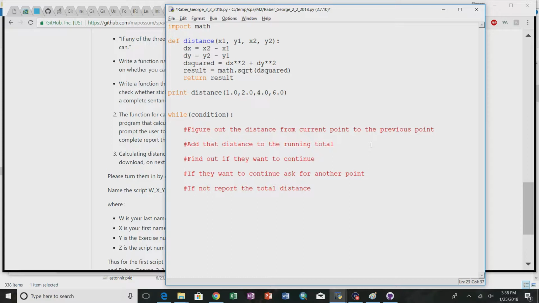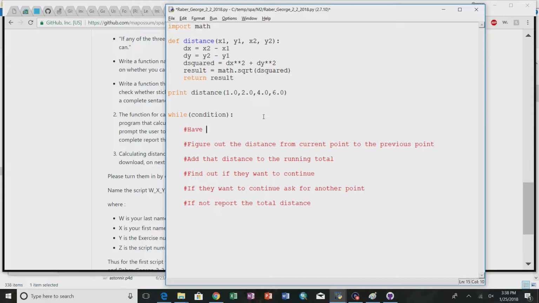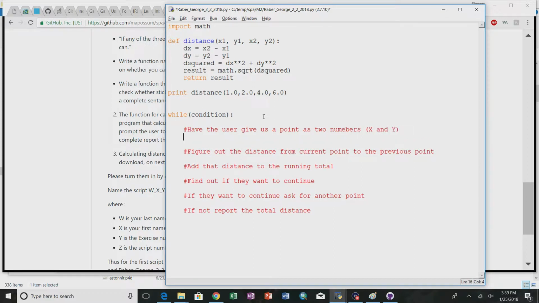Get the input. Yes, we need to get the input. So, have the user give us a point as two numbers, x and y. Okay, so that's pretty easy.